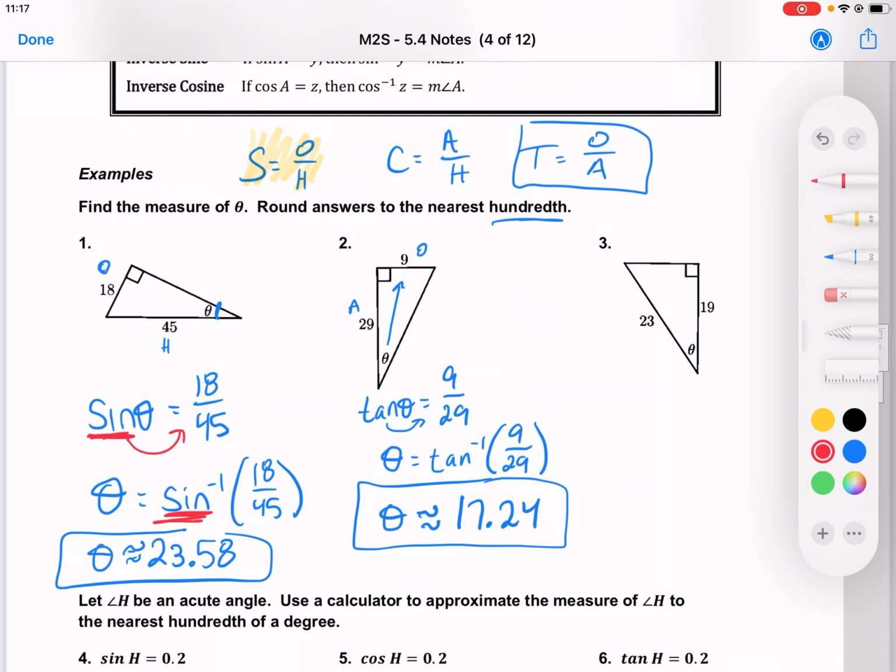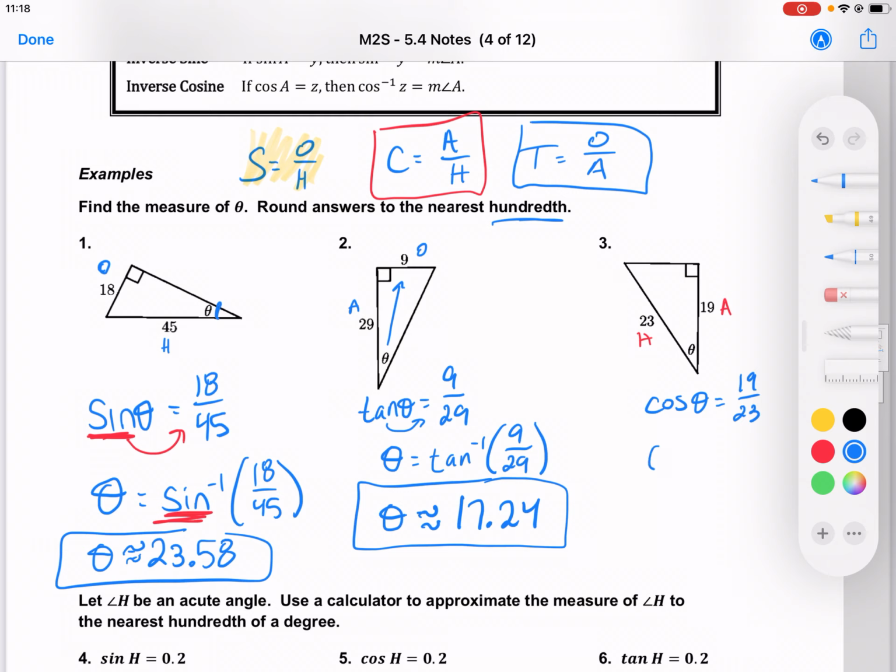I bet you can guess what this one's going to be, but we're going to do the cosine one, because this is our adjacent side, 19, and the 23 is our hypotenuse. So cosine of theta equals 19 over 23.